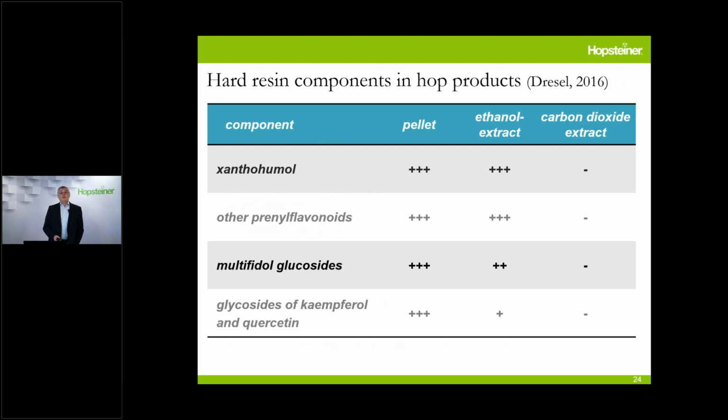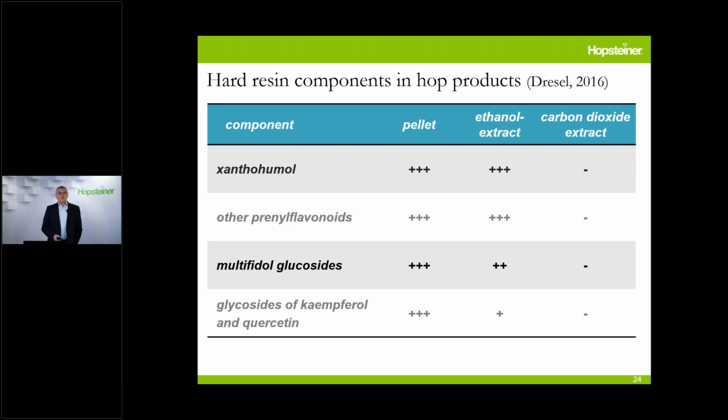Dresel also analyzed different hop products, and he could show that in pellets, all these components, xanthohumol and the other prenylflavonoids, multifidal glucosides, and the glycosides of kaempferol and quercetin, are fully transferred from hops to pellets. With regard to ethanol extract, xanthohumol and other prenylflavonoids are fully recovered.